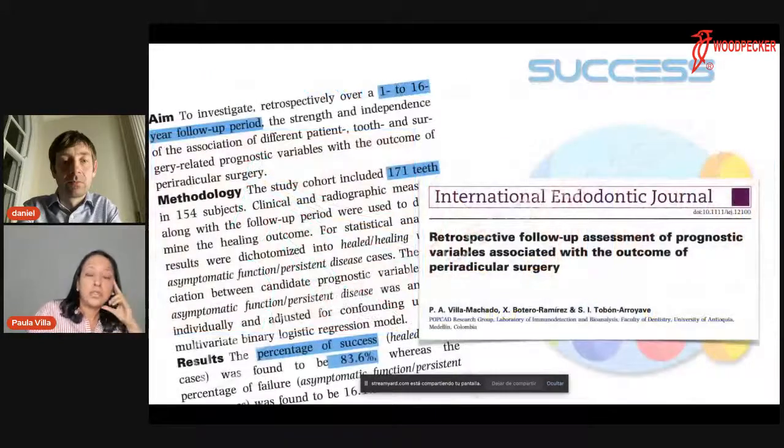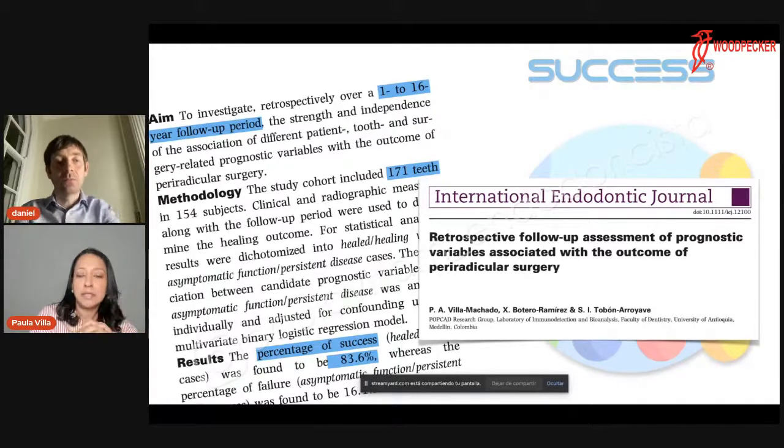But why is it so important? Daniel just mentioned the coronal sealing, but the coronal sealing is as important as the apical sealing, the apical filling. In this study, which we published some years ago, we evaluated 171 teeth that had endodontic surgery, with follow-ups over 1 to 16 years.